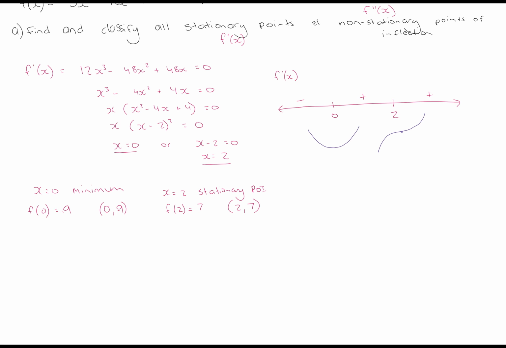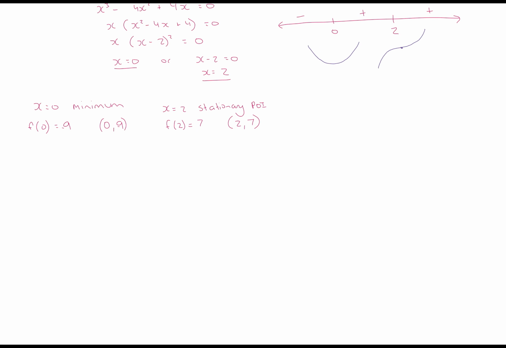The next thing we're going to look at is finding the non-stationary points of inflection. So this requires our second derivative, which equals 36x squared, take 96x plus 48, and again I'm going to pause. Okay, and we get answers of 2 and 2/3.